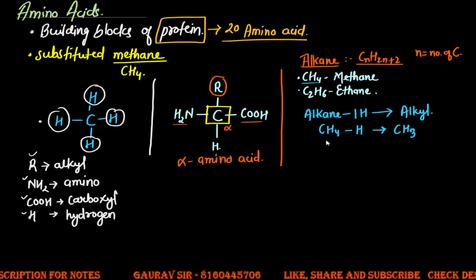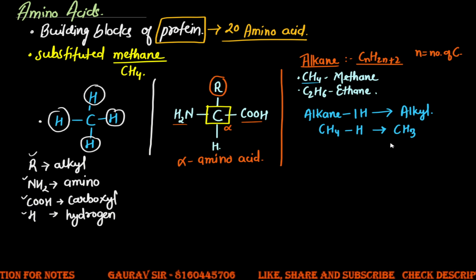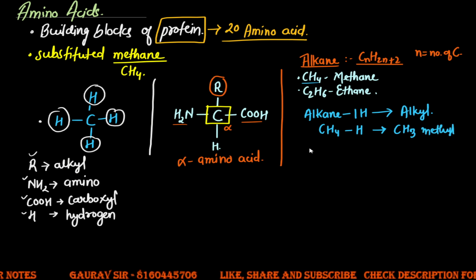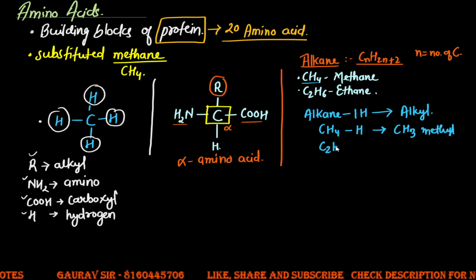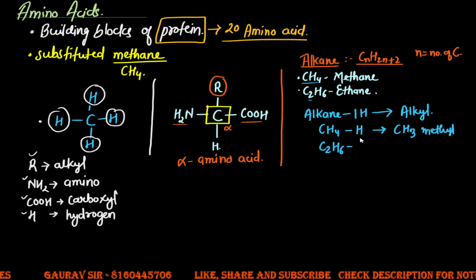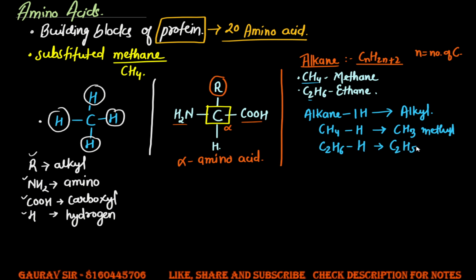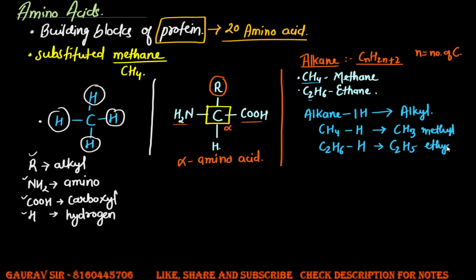CH4 was methane. Now, as I have removed 1 hydrogen from it, this would be called methyl now. Okay, likewise, if you remove 1 hydrogen from C2H6, that is ethane, you get C2H5. You will call this ethyl.